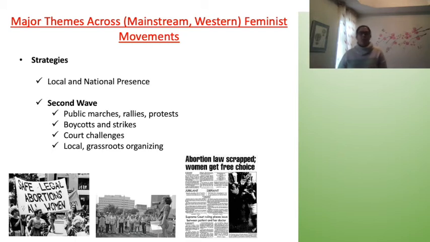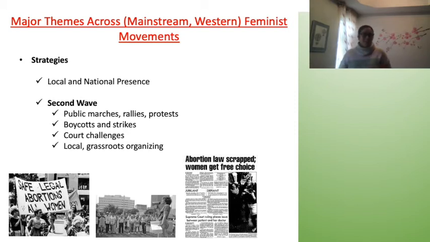So marches, protests, these physical spaces were really important. Rallies. We see more boycotts happening when it comes to workers' rights in the second wave. We see campaigns around elections happening more and more, as well as formal court challenges, right?